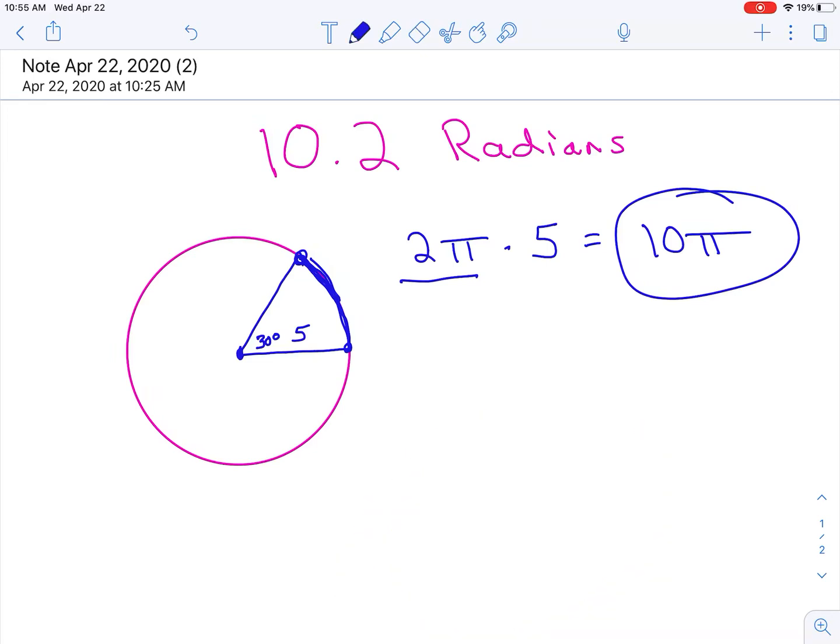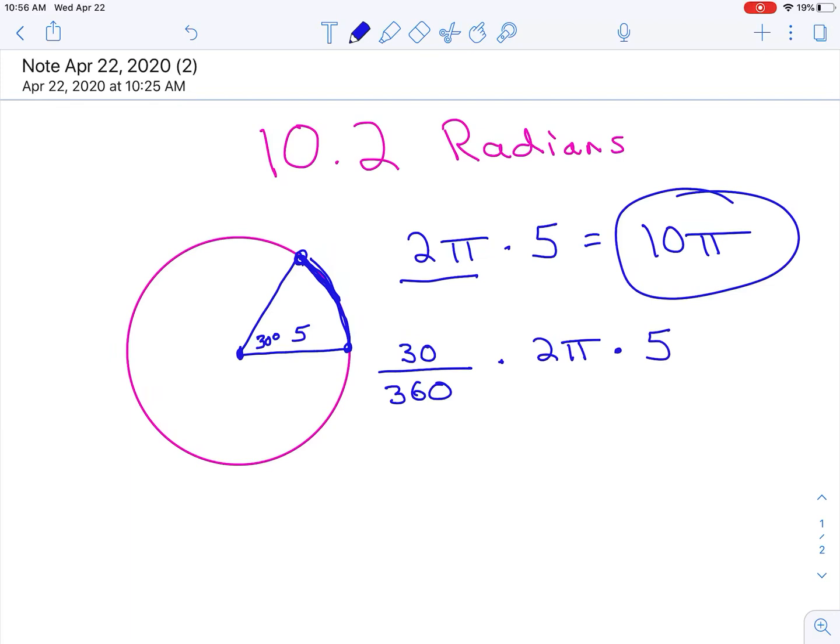So instead of taking all 360 degrees of the circle, we take the percent or the part of the circle that we would need, and then we go times 2 pi times the radius.